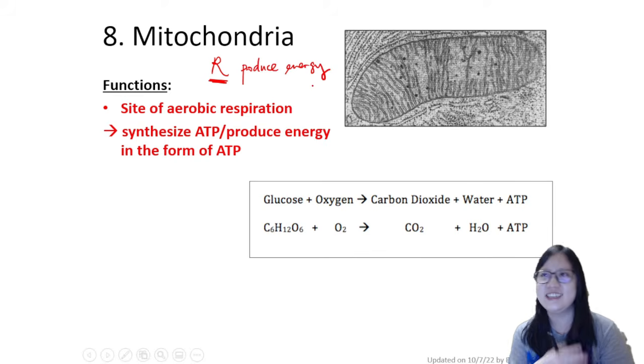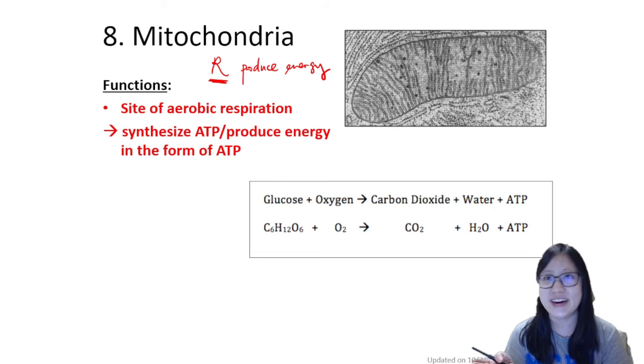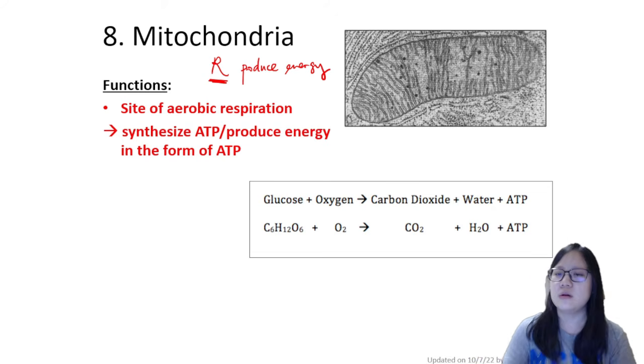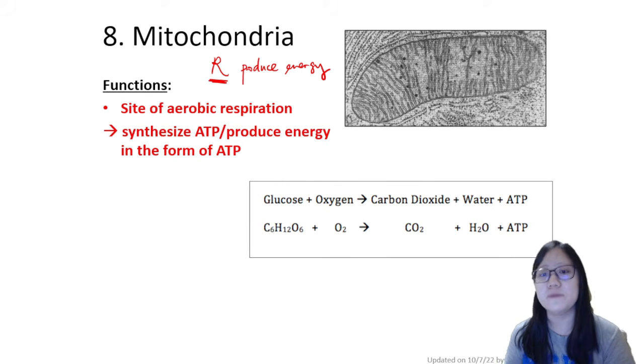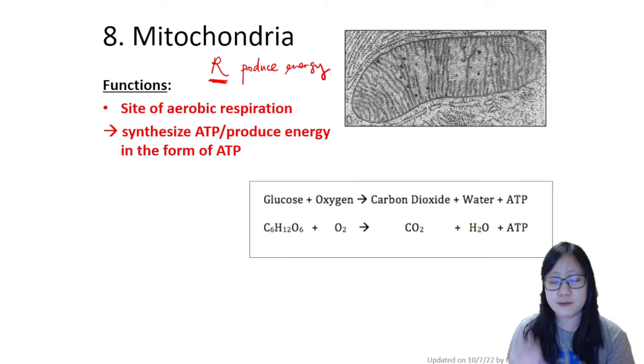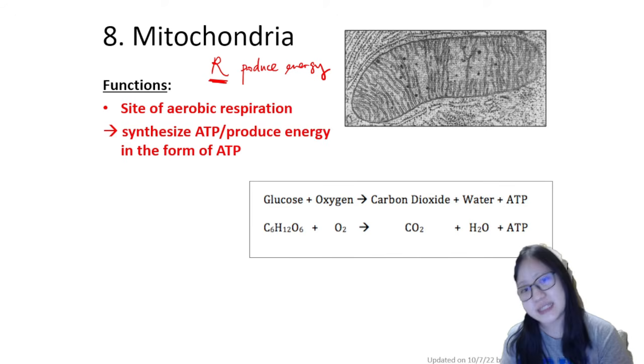Because energy can't be created or destroyed, right? Physics. So mitochondria don't produce energy. It just produces energy in a form of ATP, which would be able to be used easily by different reactions of our cell.